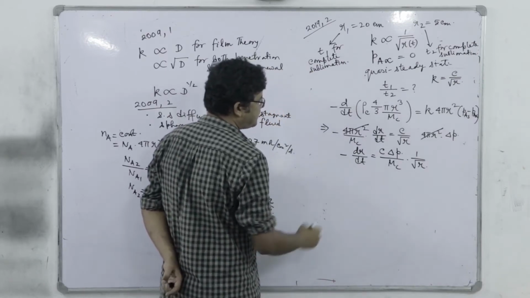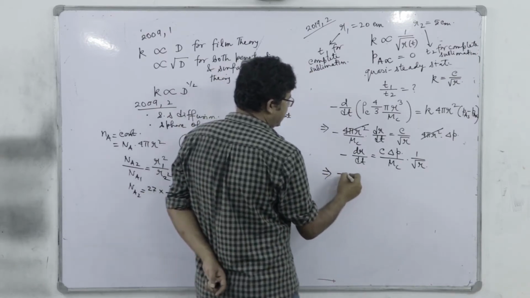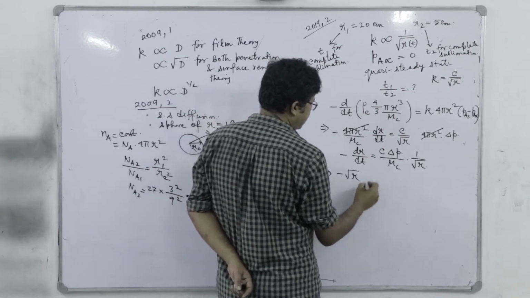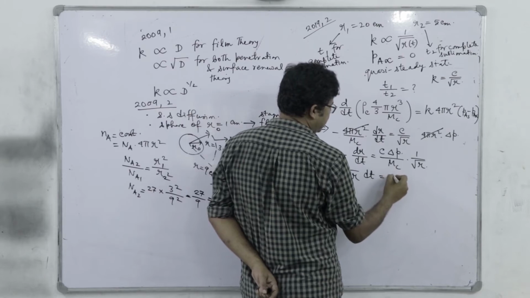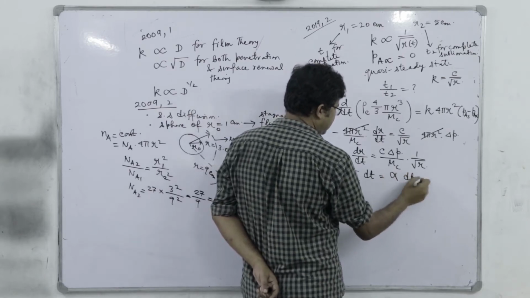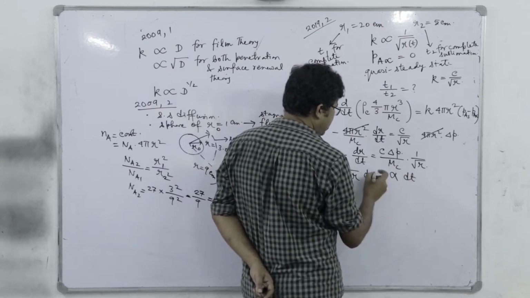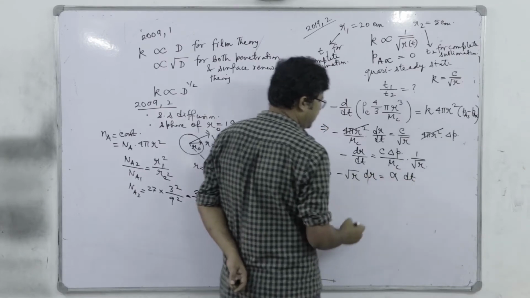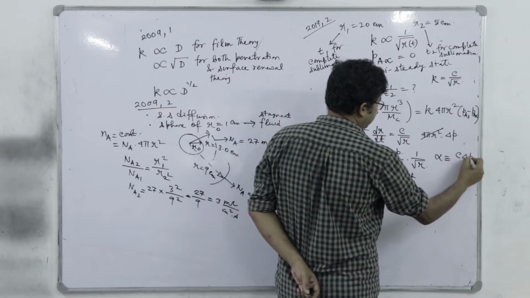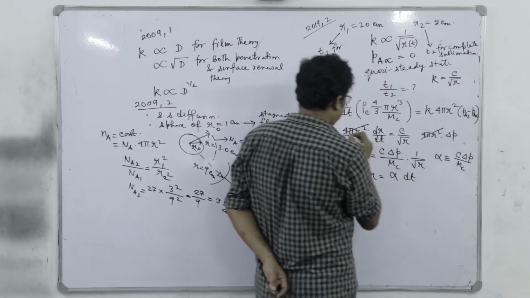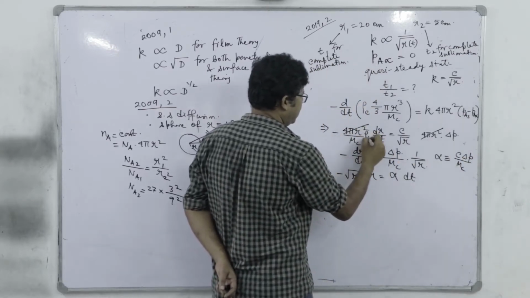So, it is under root of R into dr equal to a constant, let us say alpha, into dt, where alpha is equal to C into delta P divided by MC, and also rho C will be there.